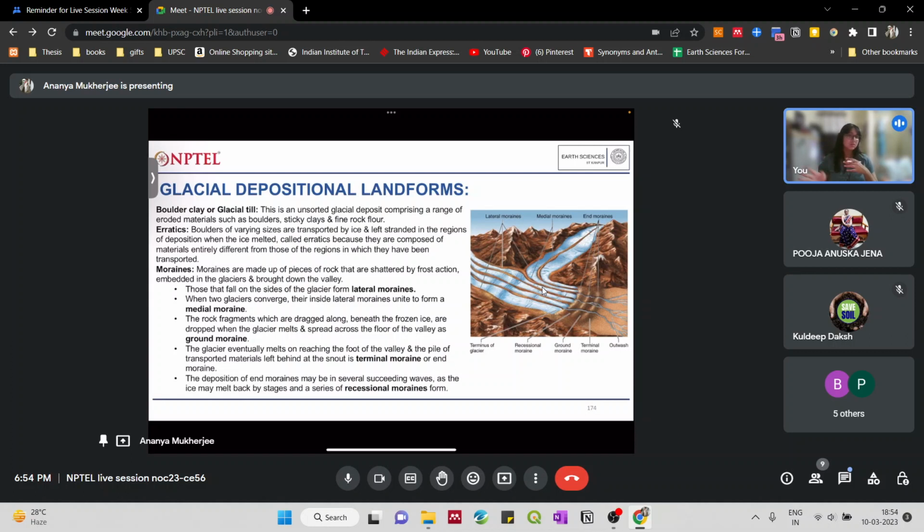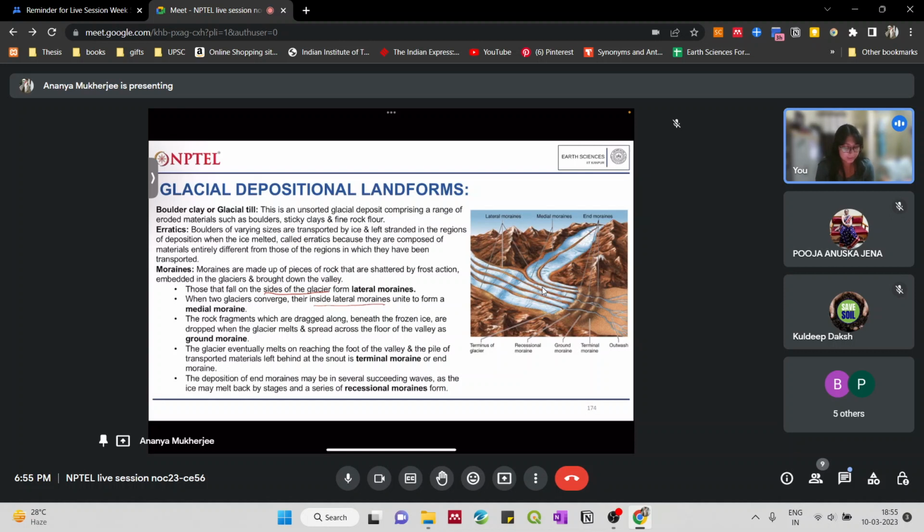Suppose in the ablation zone, where the melting is happening faster, this material that is being carried down at the edges of the glaciers is going to get deposited. These are called lateral moraines, on the sides of the glacier. And when two glaciers meet at a place, their inside lateral moraines will join together and form medial moraines.